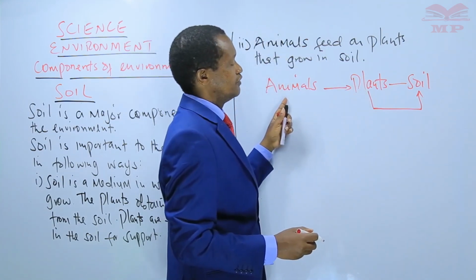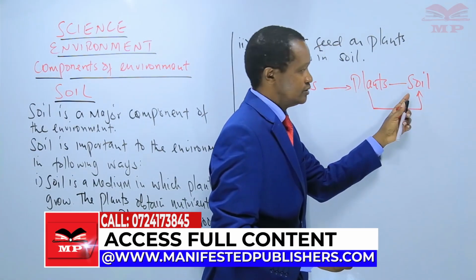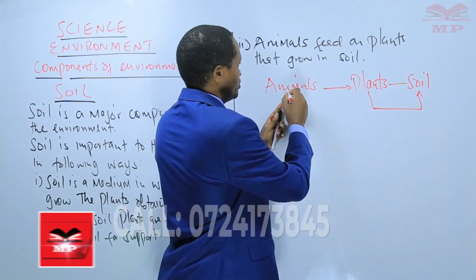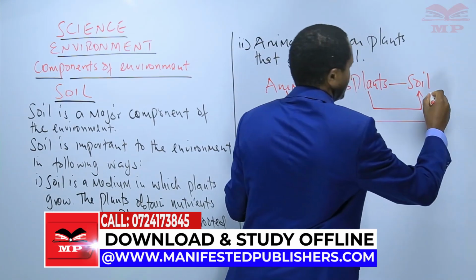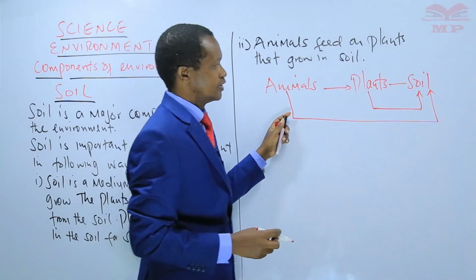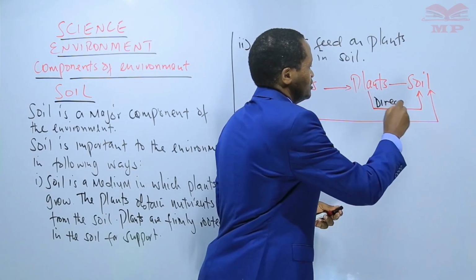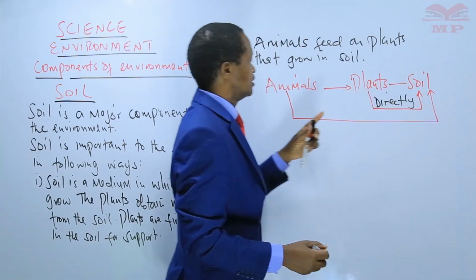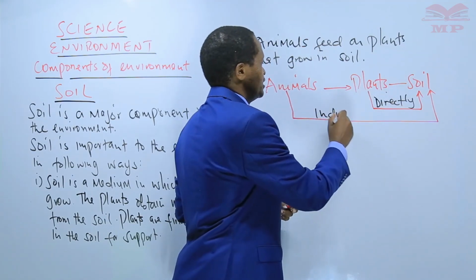So animals feed on plants which get their nutrients from the soil. So you can see, learners, that these animals also benefit indirectly from the soil. Plants get nutrients directly from the soil. Animals get nutrients indirectly.